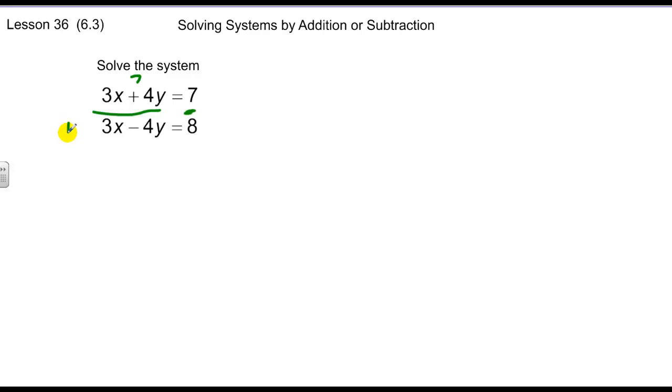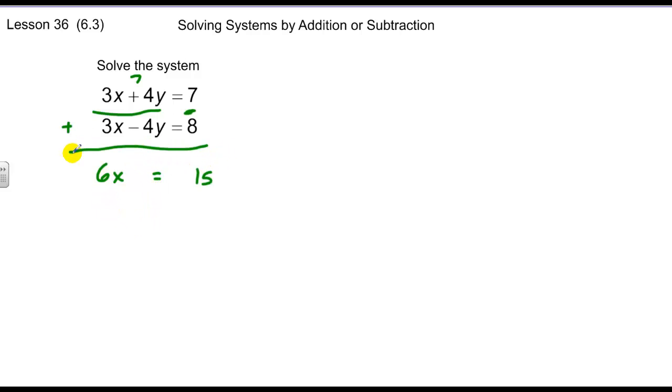Let's just say I add these up. I get 7 plus 8 is 15. Now again, keep in mind, I'm adding 7 to both sides. Even though this doesn't look like 7, we know it's equal to 7, so it is 7. When I add these terms together, I have 6x, and notice my y terms go away.